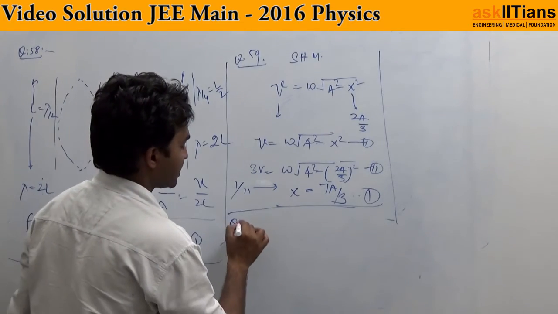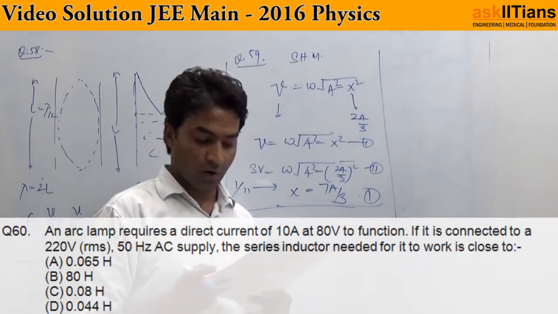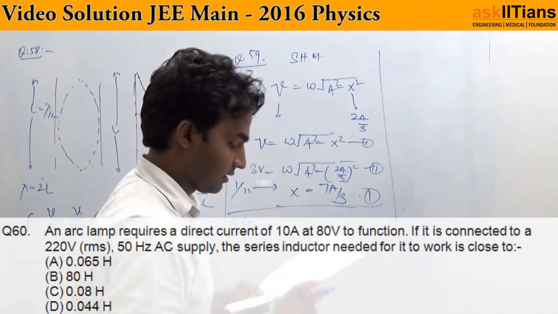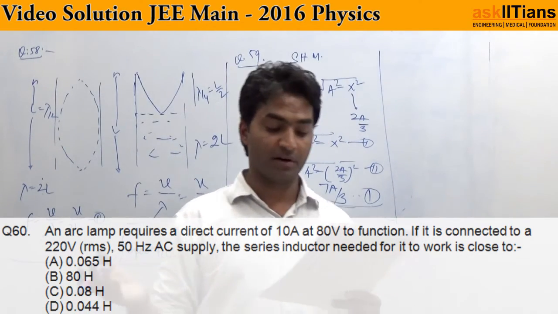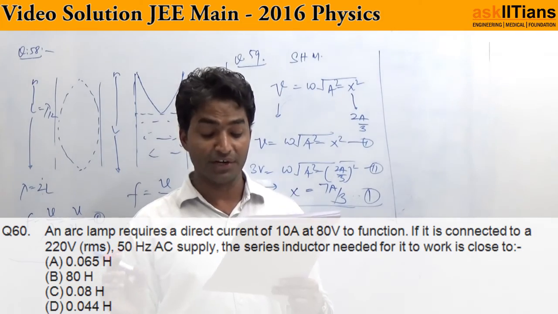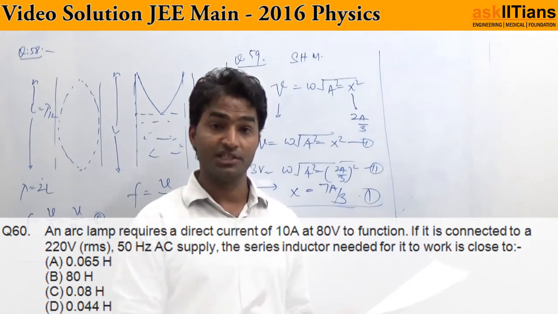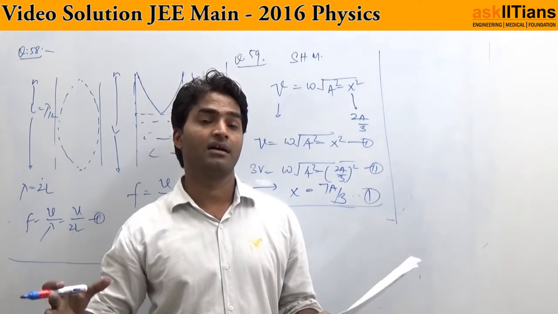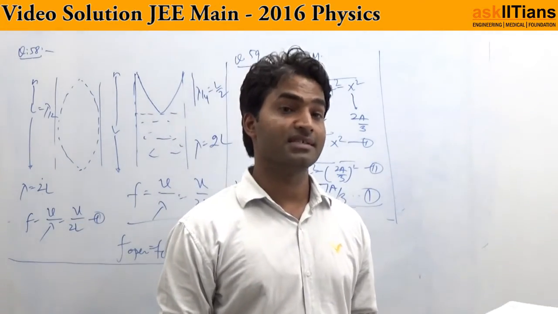Now similarly question 60. An arc lamp requires a direct current of 10 ampere at 80 volt. It is connected to 220 volt AC having frequency 50 Hz. Find the series inductor needed for it to work. Initially there is a DC connection across a resistance, from which we get the value of resistance R. Now you connect this resistance with an inductor in series.